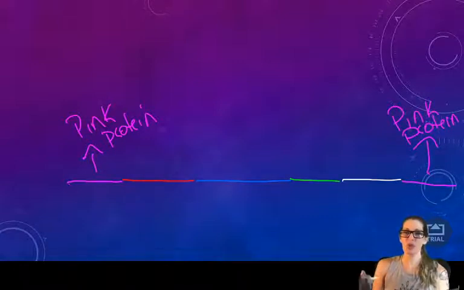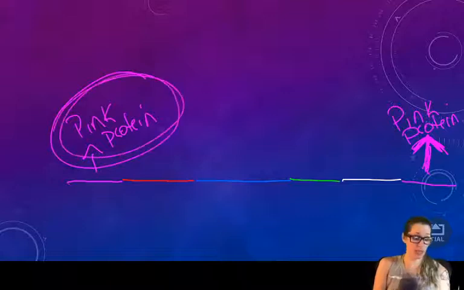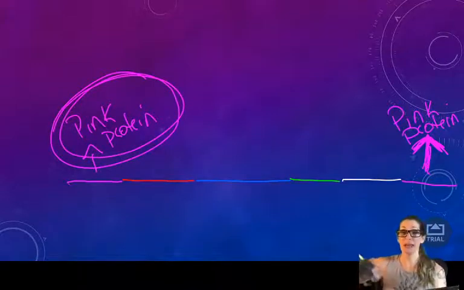But now we have 2 copies of pink gene, so the pressure on the second pink gene to consistently make pink protein exactly correctly is released, because the first gene is making pink protein. So it's making what the body needs to survive.